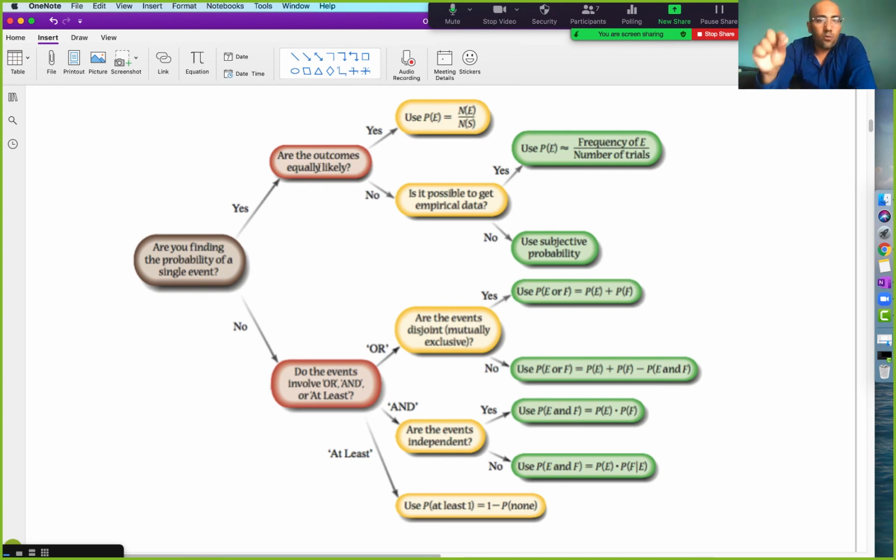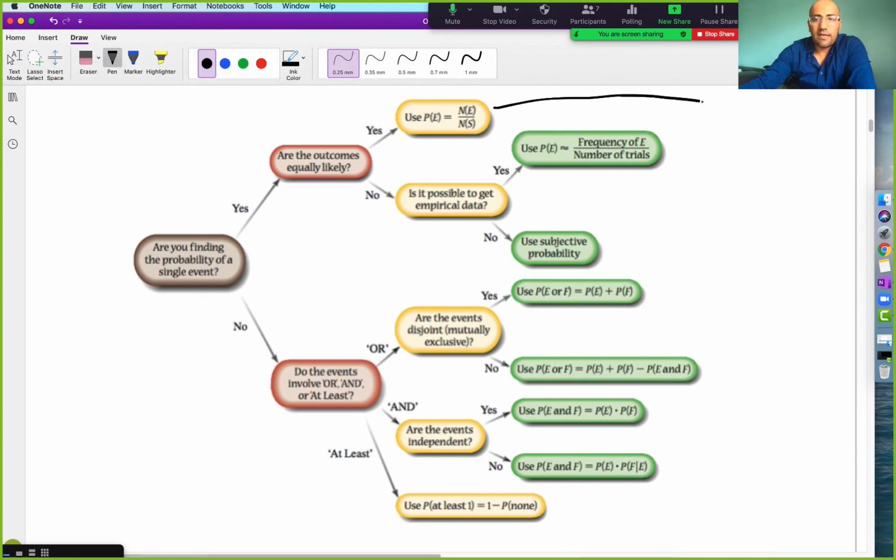Or maybe we're just getting one card out of a 52-card deck and we want to know, is it an ace? That is one event, picking one card. The cards are all equally likely, there are 52 of them, and we're only picking one. So there are 4 aces out of 52. Let me write that one down.